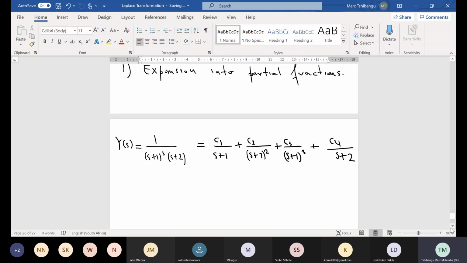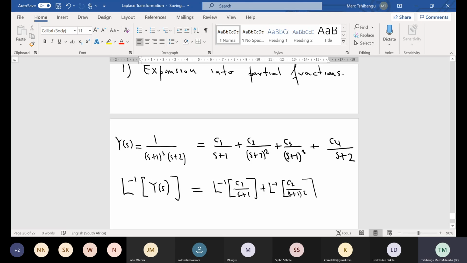So step 3, inverse Laplace of Y(s) should be equal to the inverse Laplace of C1 over s plus 1, plus the inverse Laplace of C2 over (s plus 1) squared, plus the inverse Laplace of C3 over (s plus 1) cubed, and plus the inverse Laplace transform of C4 over s plus 2.